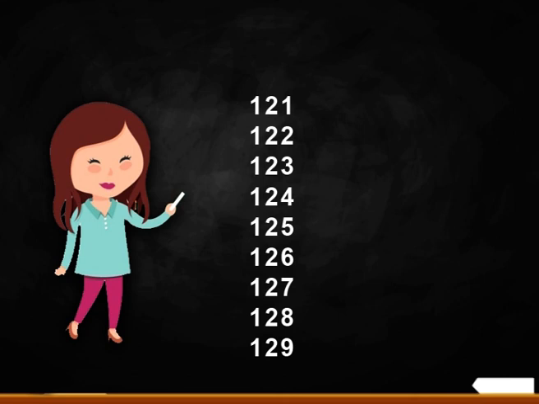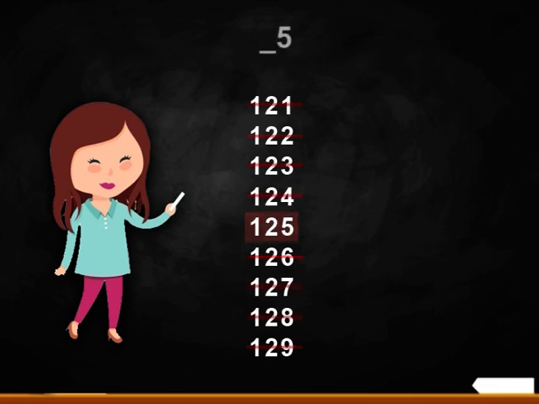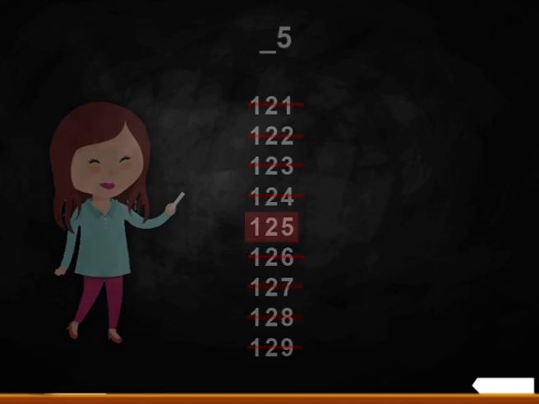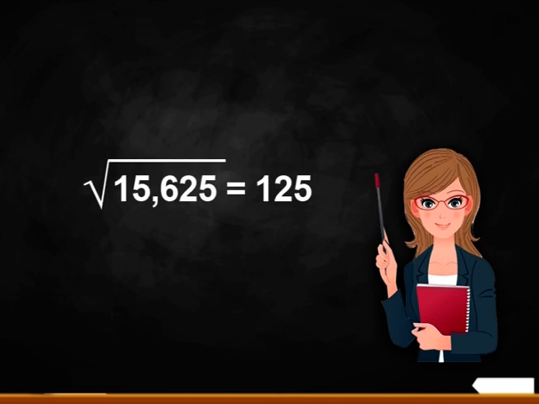However, from the first step, we know that the square root will end in 5 and the only number ending in 5 is 125. Therefore, we will strike out all the other numbers, keeping 125 as our answer. Square root of 15,625 is 125.